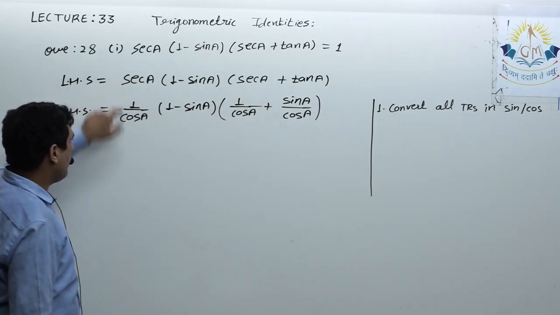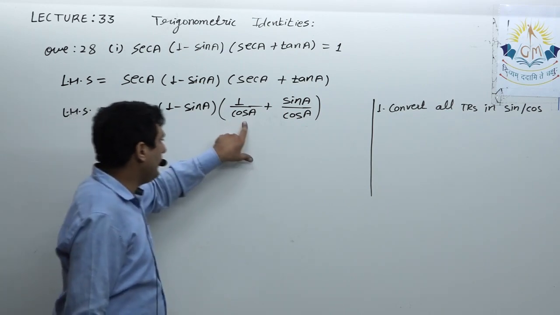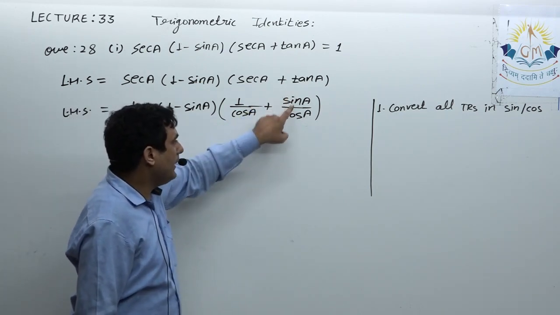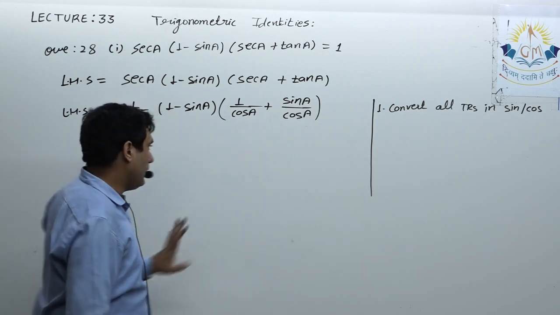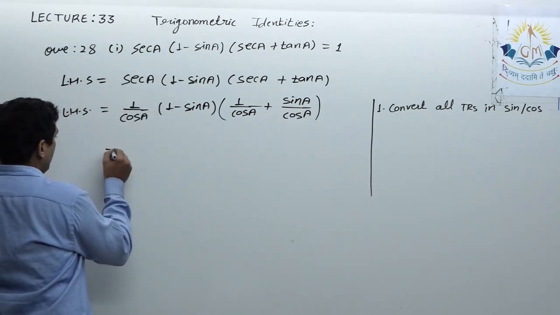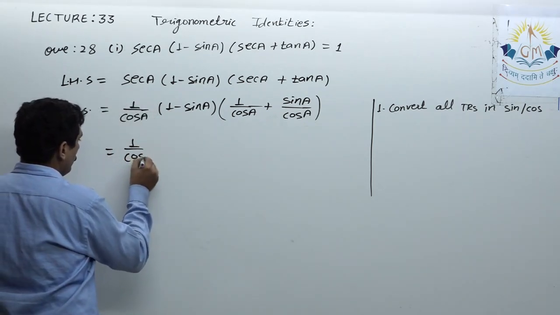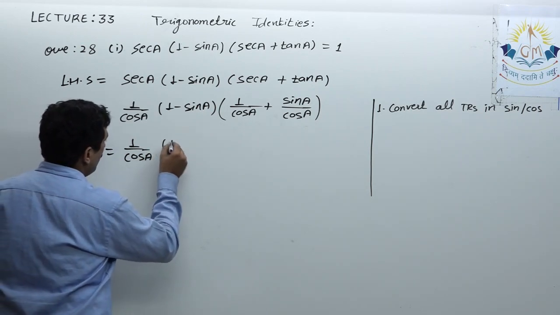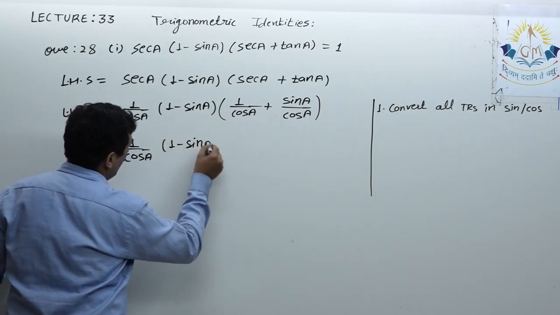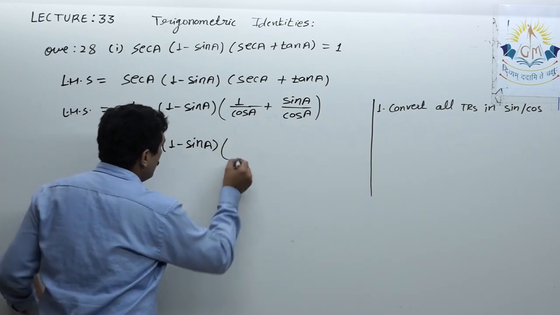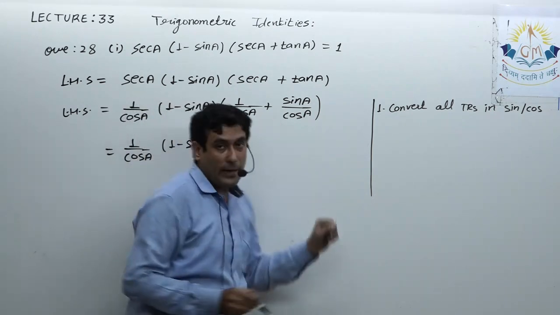I wrote sec A equal to 1 upon cos A, and tan A is equal to sine A upon cos A. Now 1 upon cos A I write as it is, 1 minus sine A I write as it is. Now over here we have to take LCM.